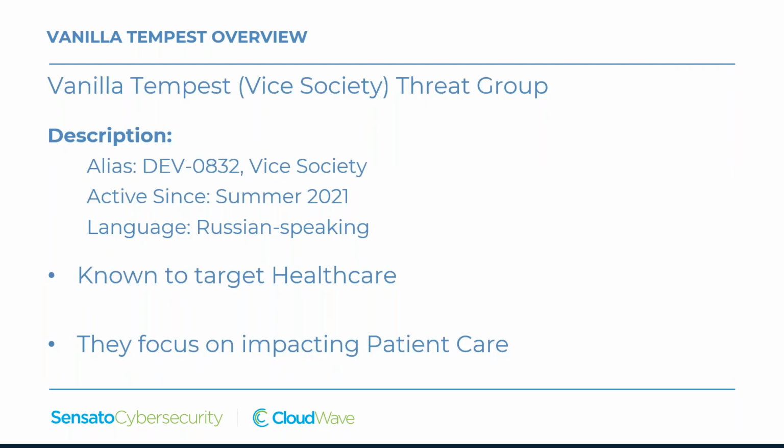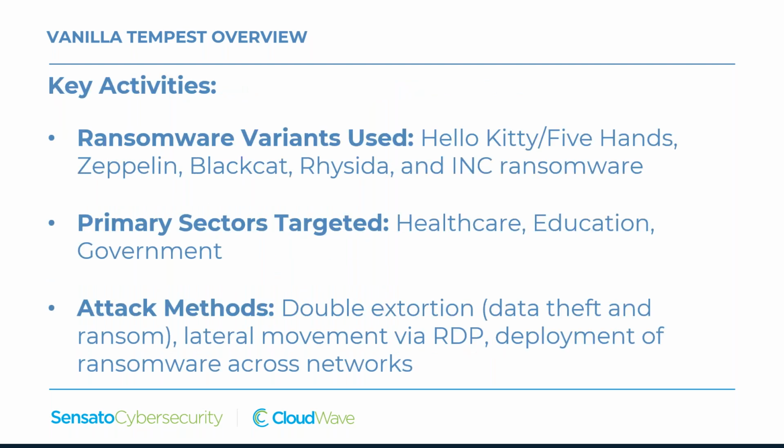They were first noticed in 2021. Like I say, they're targeting healthcare. It's one of the three areas that they target, and again, they are focused on impacting patient care. Some of the tools they use: ransomware. They've been known to use a handful of different ransomwares.